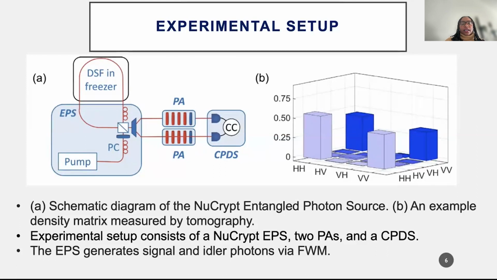And this is used to entangle the signal and idler photons in polarization, and this creates a Bell state. So when four-wave mixing takes place, it generates the signal and idler photons, and then the EPS demultiplexes them into channels. So now we have the signal channels and the idler channels, and I'll get more into the channels later. And each of the channels are at different wavelengths.